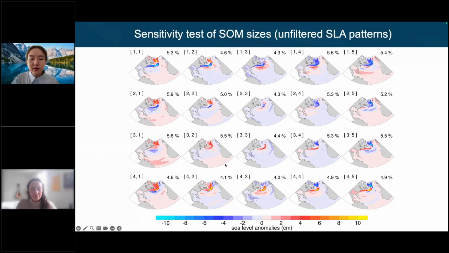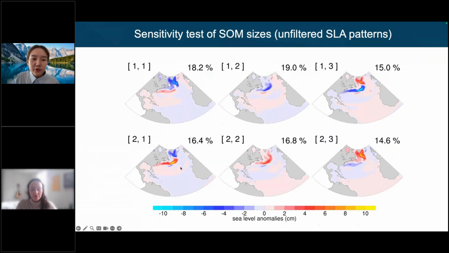Basically the physically distinct or physically relevant patterns are still there, but there are just more transition patterns. If you look at a smaller SOM, there will be fewer transition patterns, but there is also the possibility of merging some physically relevant patterns, which is something we would like to avoid. So if you go larger, you can see more patterns, but it can become unmanageable. If you go smaller, you can merge very important patterns that have physically distinct mechanisms.